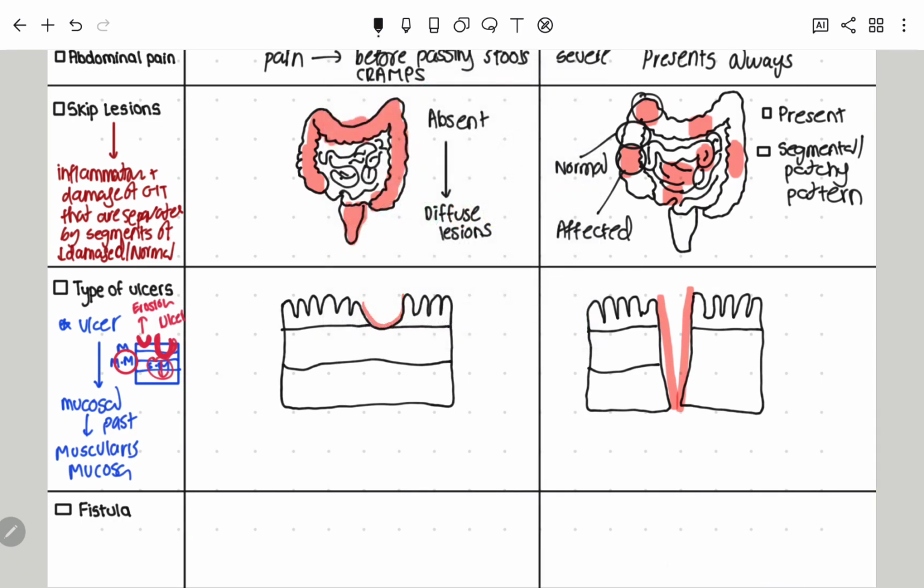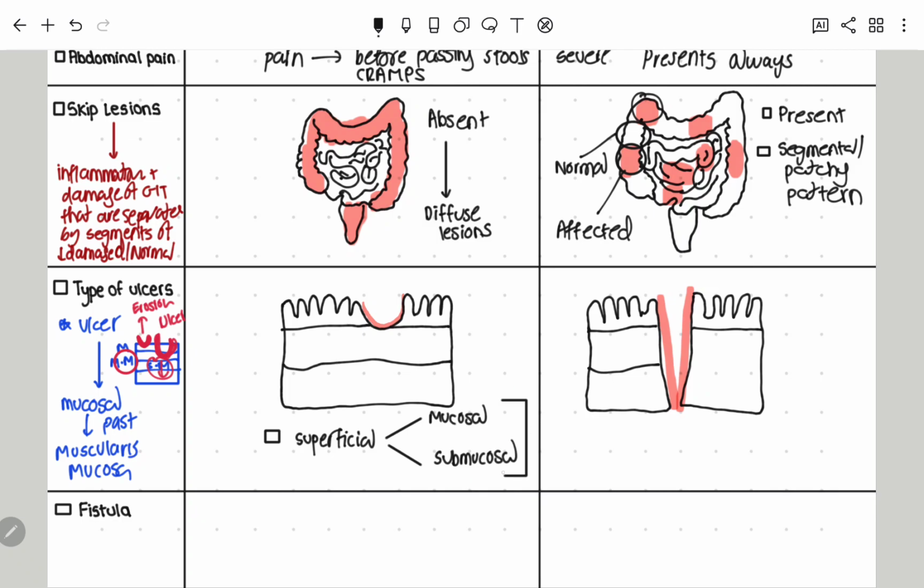So anyways, coming back to the morphology of the ulcers that are seen in ulcerative colitis and Crohn's disease. As you can tell from the diagram itself, ulcerative colitis normally presents with more superficial ulcers, and again, because these are ulcers, they will have mucosal involvement that runs through the muscularis mucosa and submucosal involvement as well.